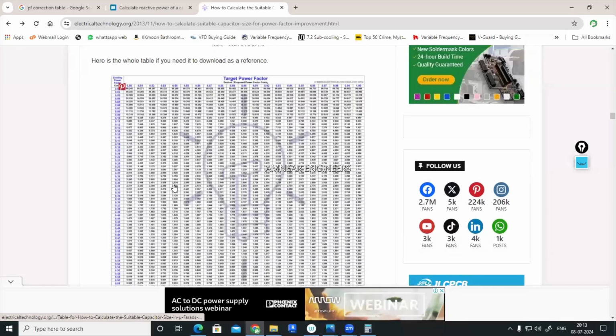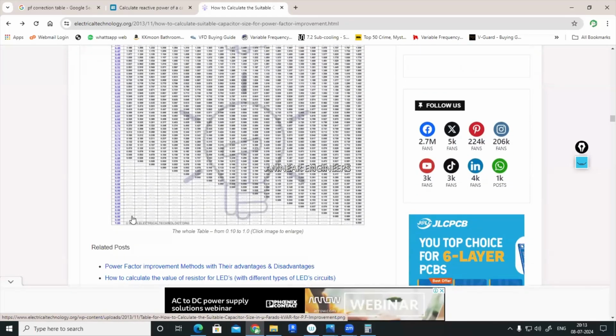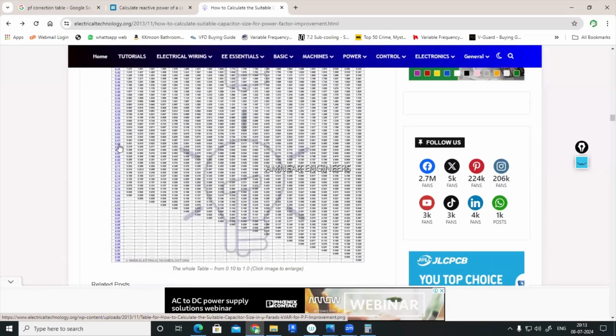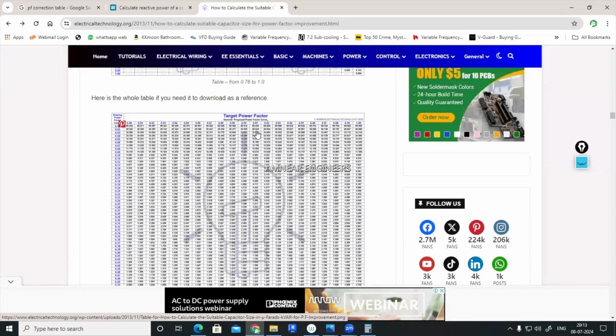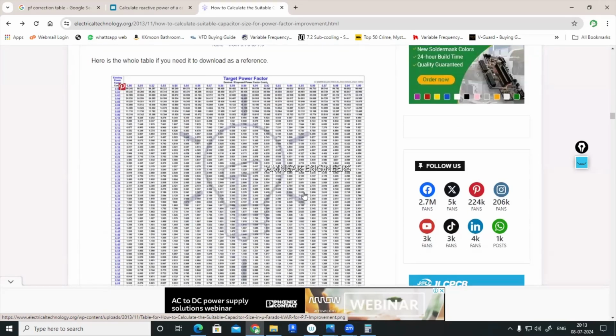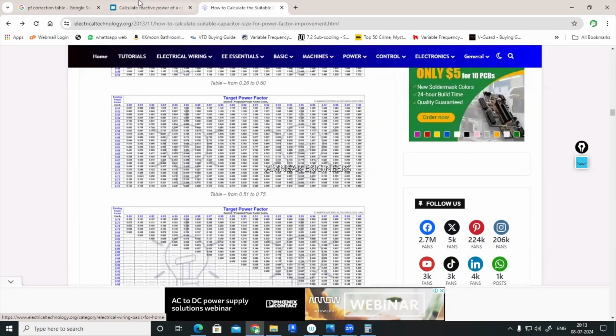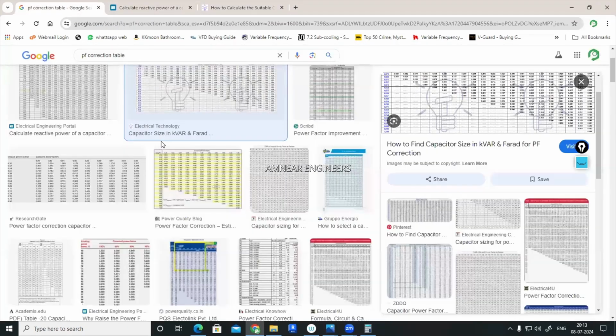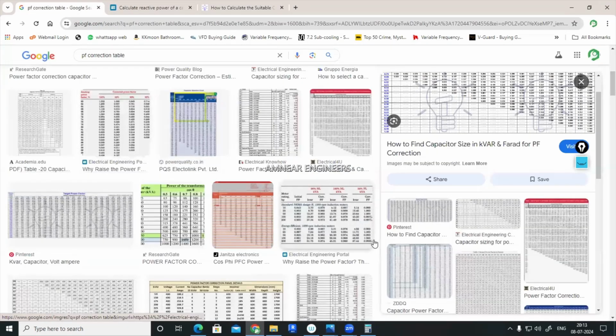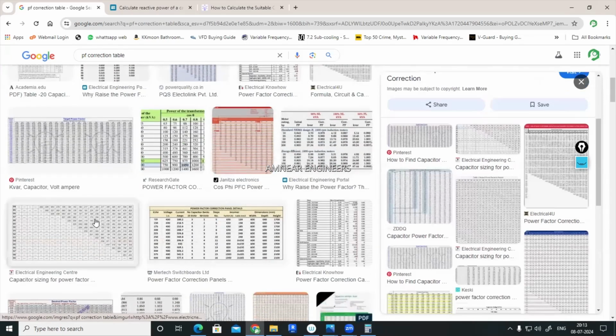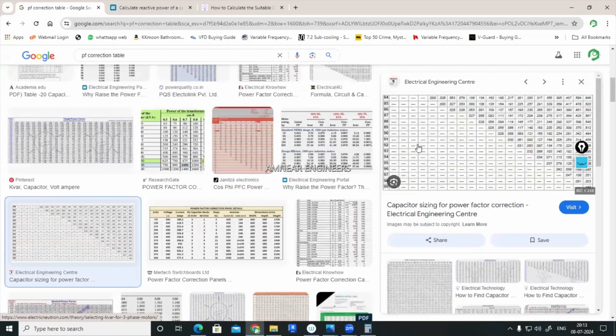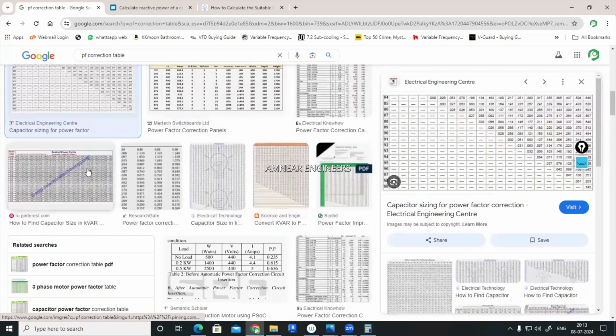If I'm checking here, 0.6, 0.95, the same value I'm getting, 1.005. So different tables will be available on the internet, but the values will be the same. Ranges only will be different.